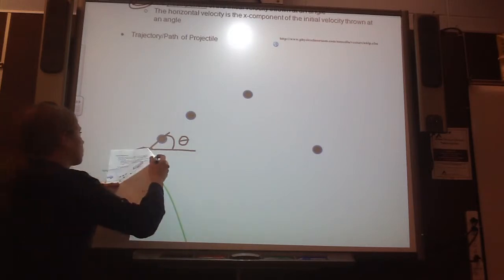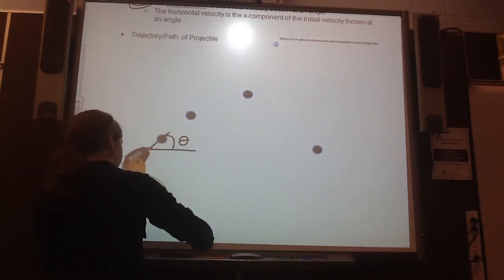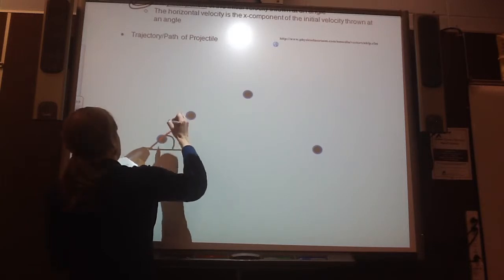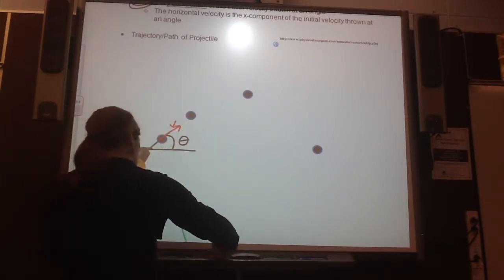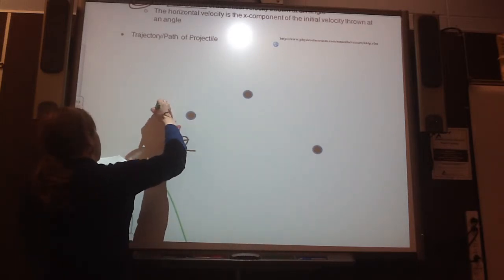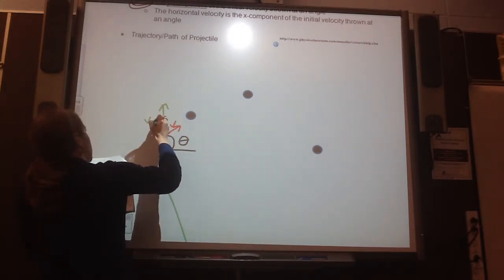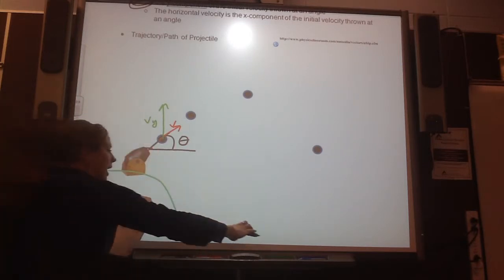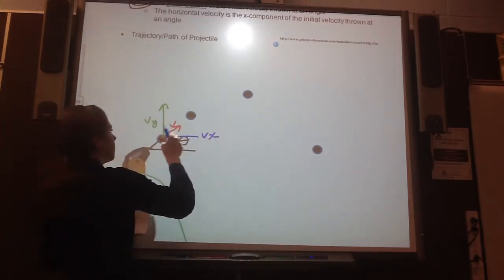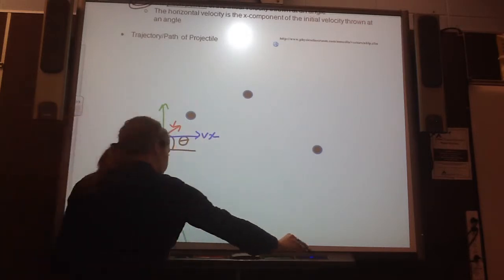Okay, anyways, so our overall vector is going this way. So our overall net V is going that way. But I need to break it down. So I have a Vy that's going up, and I have my Vx, my horizontal vector.